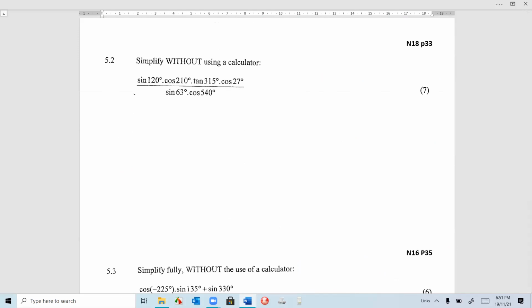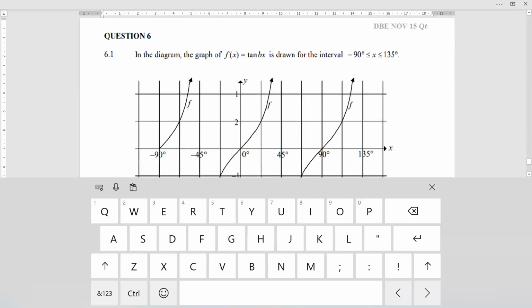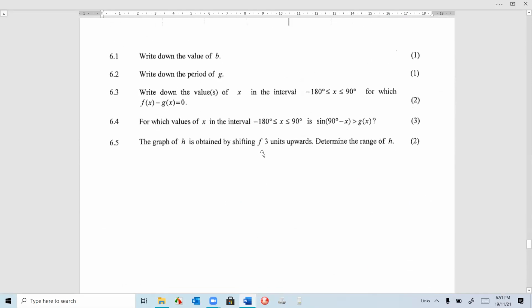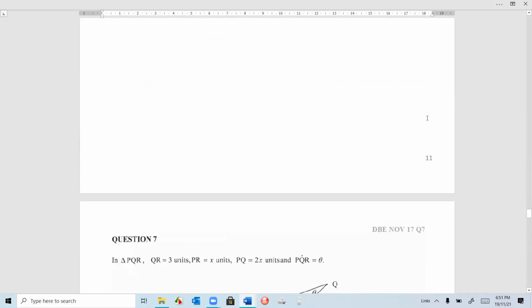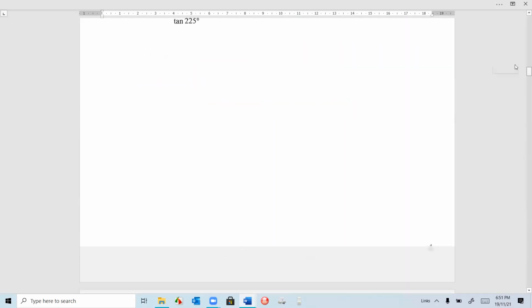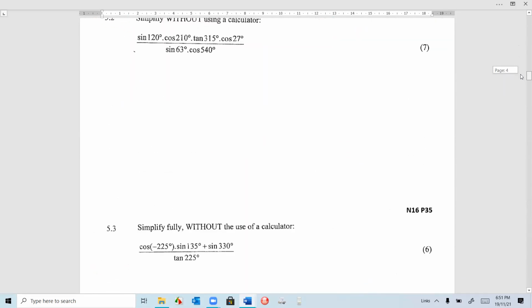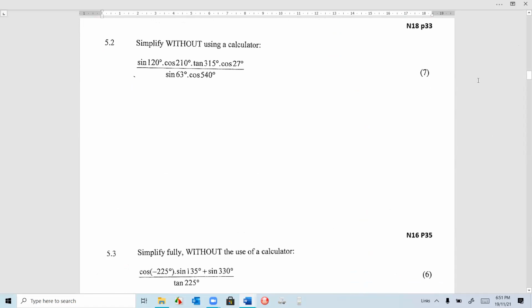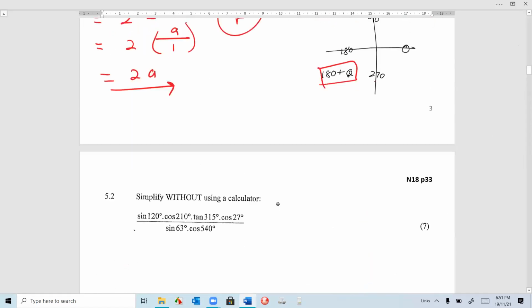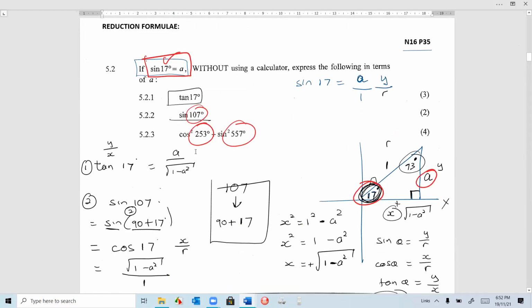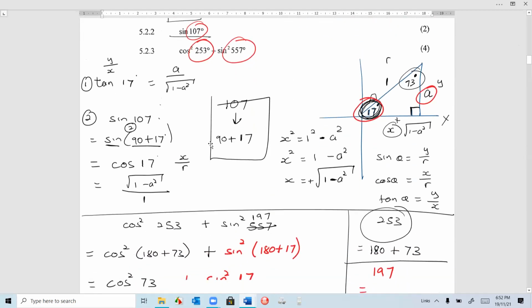If we go back, I think it's important to come back to this point now. Sorry, sir, could you please go back to 5.2.3? What you see there is 2 sine squared 17.